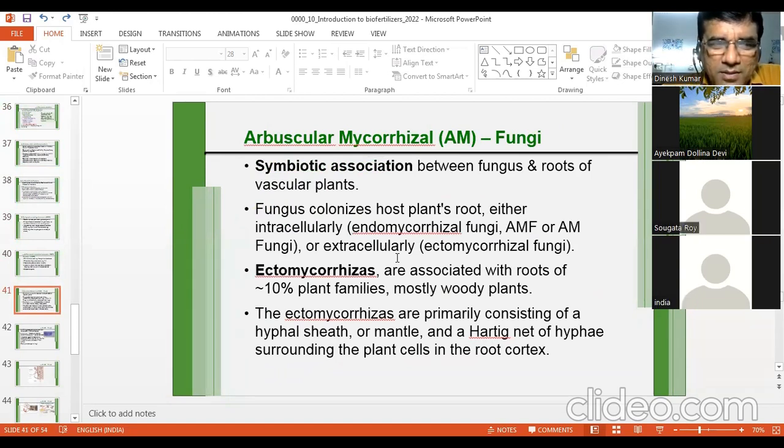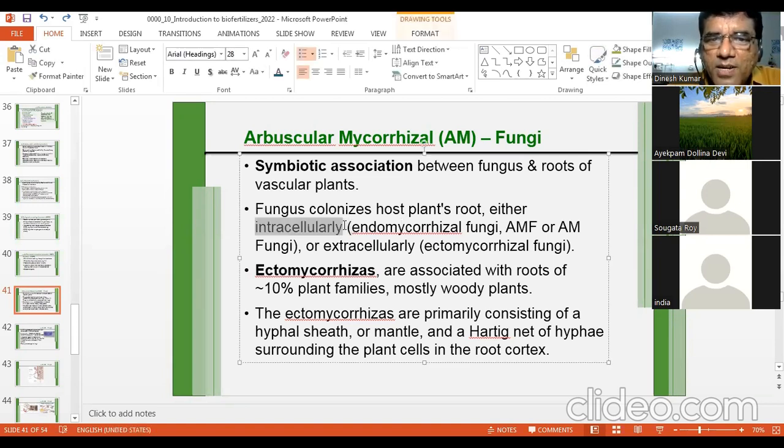Yes, sir. Okay. Now 10 minutes are left and I can finish in the next 10 minutes. So now we go to arbuscular mycorrhiza fungi. It is a symbiotic association between fungus and roots of vascular plants. The fungus colonizes the host plant intracellularly. The fungus will enter into the cell, whereas ectomycorrhiza are intercellular.